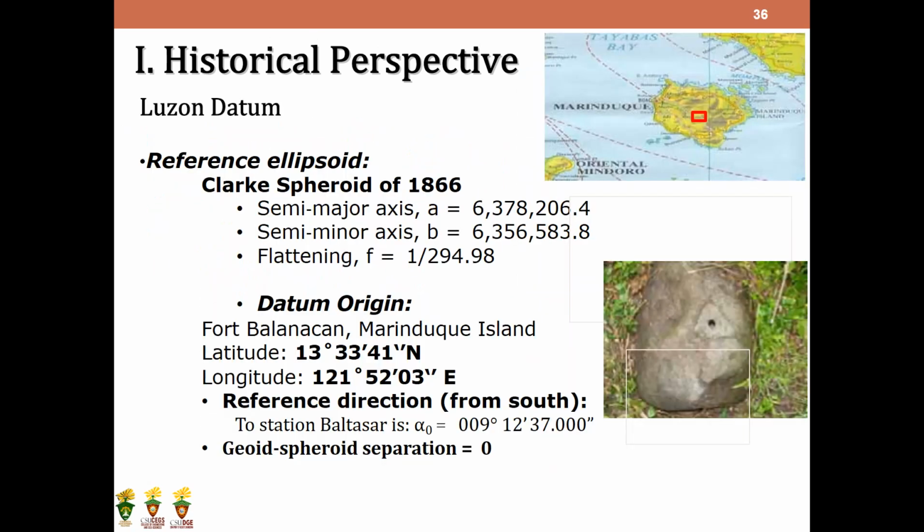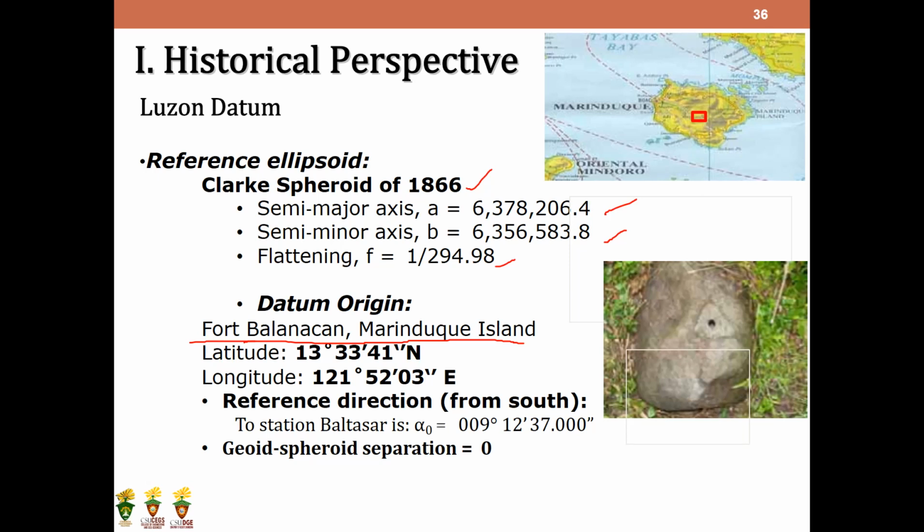And the Luzon Datum, these are the parameters for the Clarke spheroid of 1866. We have the semi-major axis, semi-minor axis, and flattening. The datum origin is the Balanacan station, which is actually a fort, Fort Balanacan, on Marinduque Island.